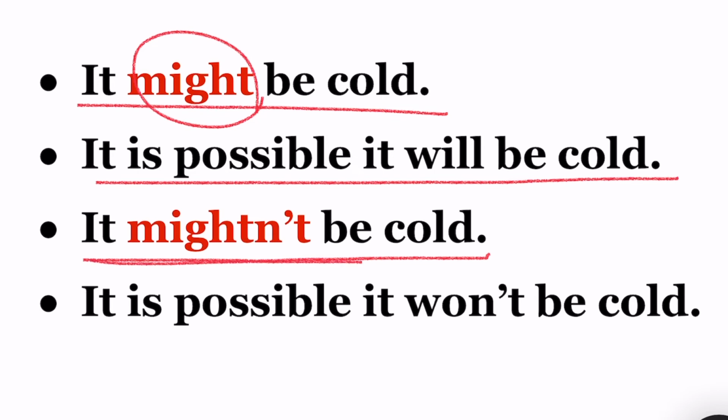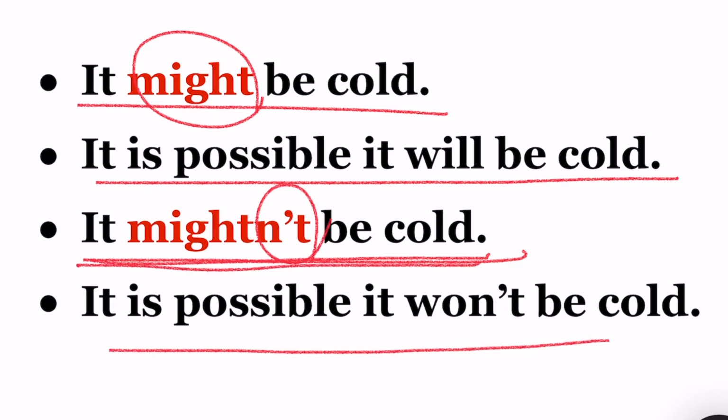It mightn't be cold means it is possible it won't be cold, but you are not sure about it. It might be cold means it is possible it will be cold, but you are not sure about it. You are not certain about it.